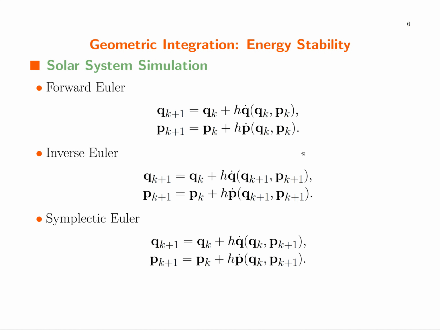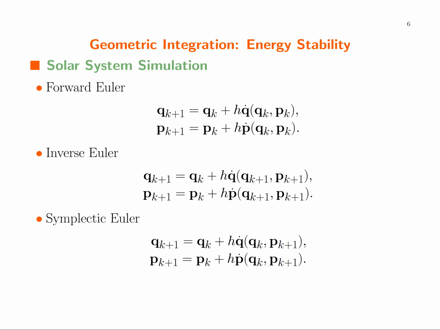So what happens is that with the forward Euler method, everything on the right-hand side you already know, so in principle you can just evaluate it, and it's a straightforward update. With inverse Euler, you'll see that the unknowns, which are the positions and momentum at the new time, show up on both the left and right-hand sides, and so you get a system of equations which you have to solve, and this is what makes that method implicit.